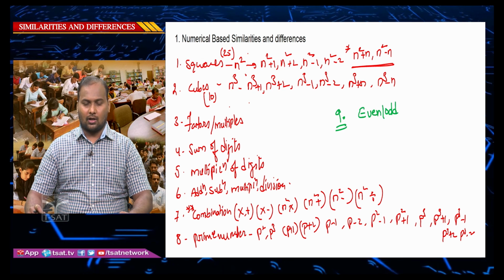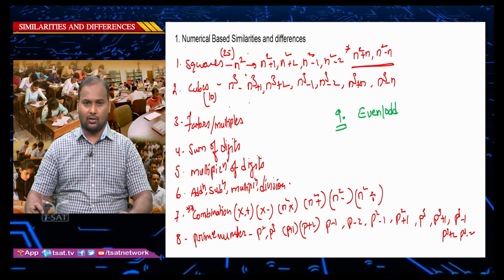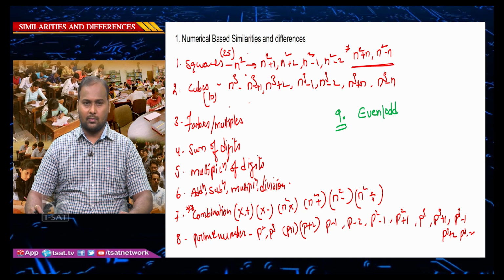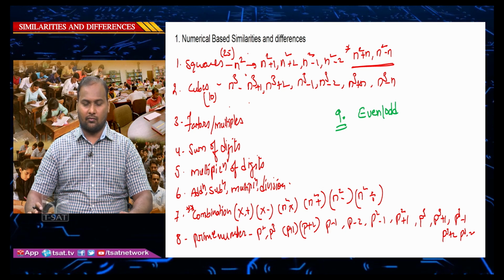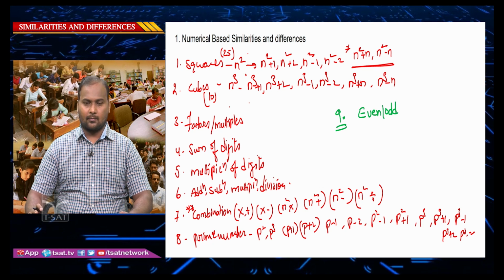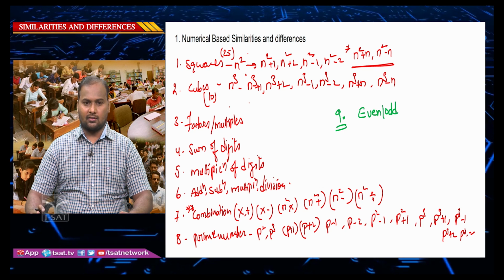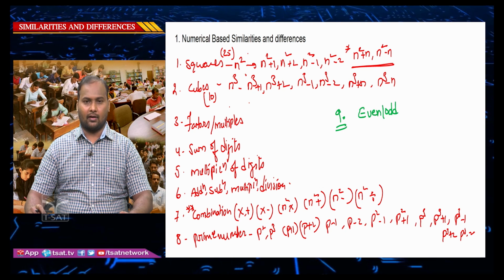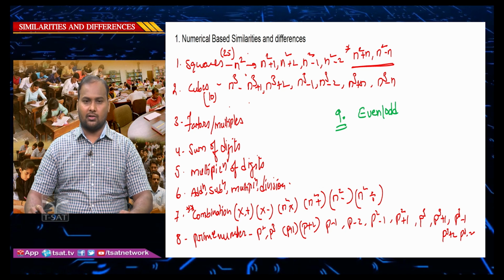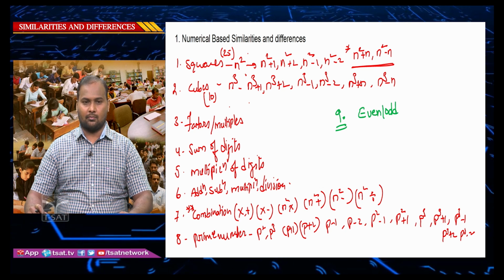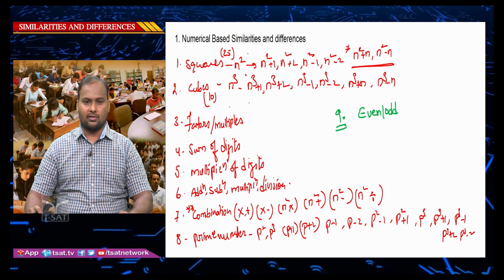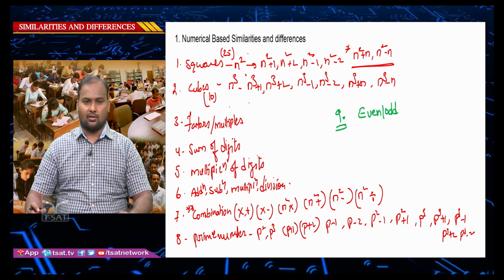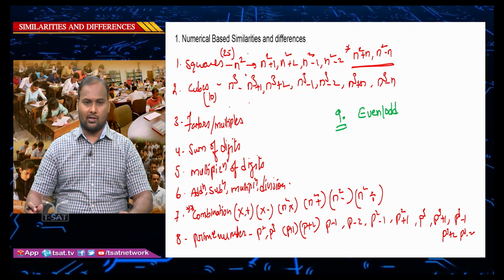For the student to answer these questions, he has to be thorough with squares, cubes, factors or multiples, sum of digits, multiplication of digits, or simple additions, subtractions, multiplications and divisions, followed by different combination questions. The combinations include various types, for example, squares and multiplications, squares and additions, squares and subtractions, squares and divisions.